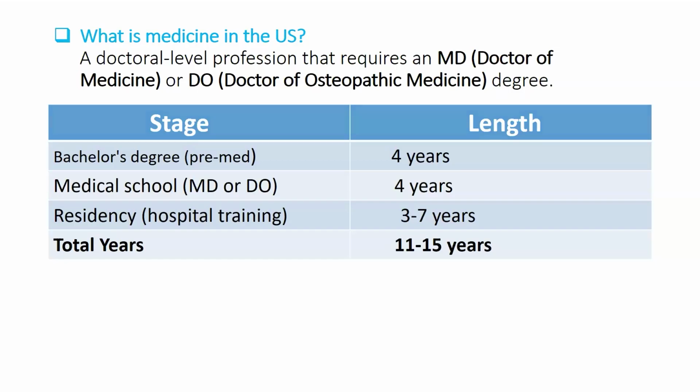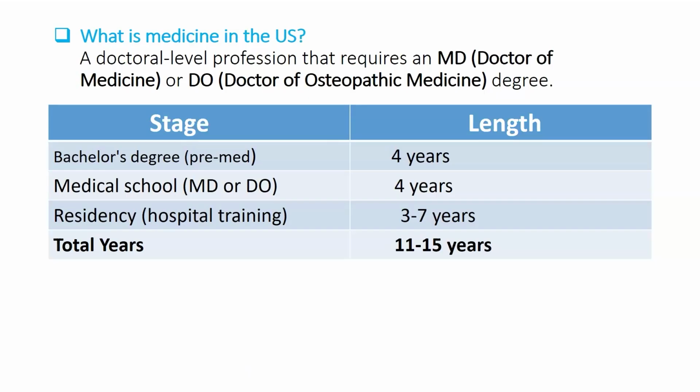After graduating from medical school, you go to your residency. That's where you specialize in different fields in medicine. If you want to be a cardiothoracic surgeon or a neurosurgeon, you specialize in your field during your resident years.